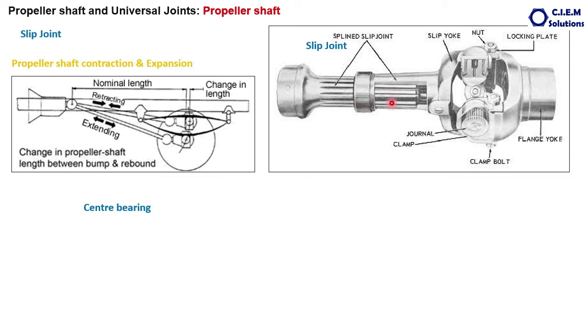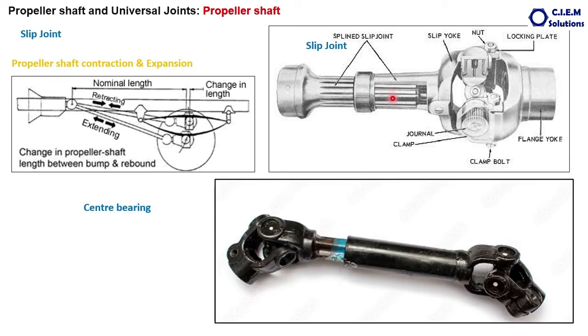So for smooth movement of this shaft, lubrication is provided through multi-purpose grease or molybdenum grease, and the lubrication is provided by a grease nipple arrangement, and in this cap a rubber seal is provided to prevent the grease from leaking from these splines. This is how a slip joint works, and you can see the slip joint looks like this in the vehicle.